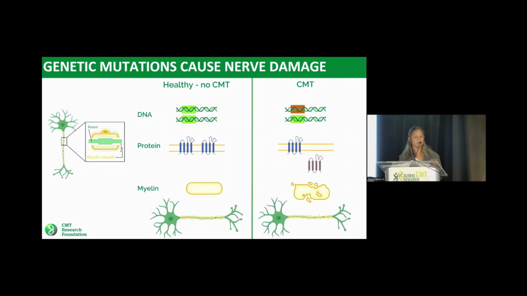And so here is just an example of a demyelinating subtype of CMT. So you have your DNA, where it's almost like the cookbook where it has everything, the recipe that your body needs to make. And so in your healthy participant here, who has no CMT, you have the gene highlighted in green.